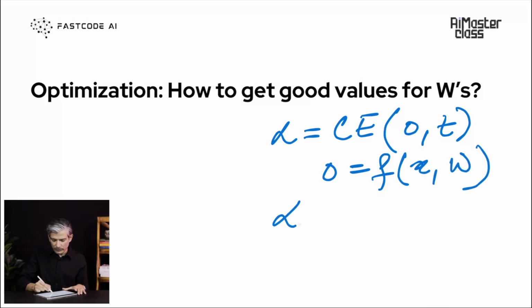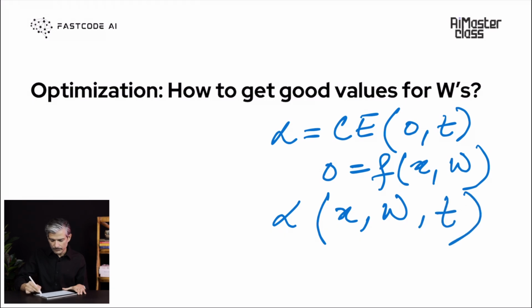So in some sense, we can write that your loss is a function of your inputs, your weights, and your targets. Now we cannot change the inputs, we cannot change the targets, because inputs are what they are and we have corresponding targets for those inputs.